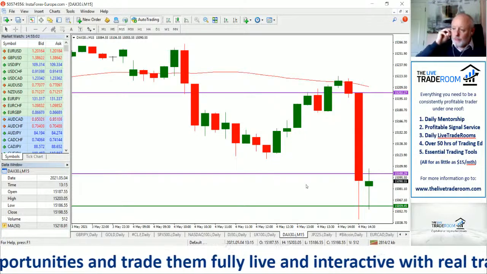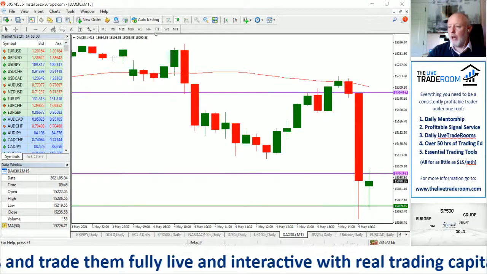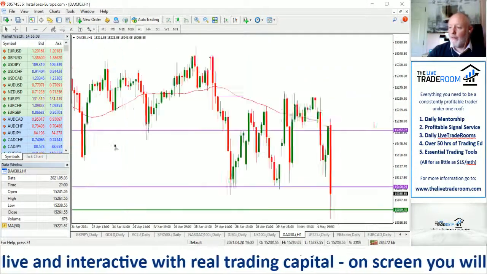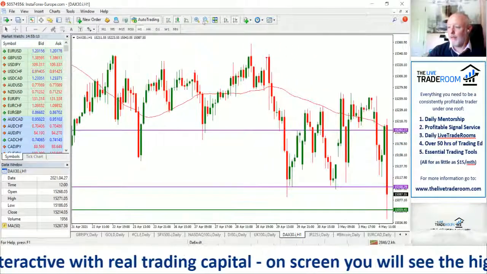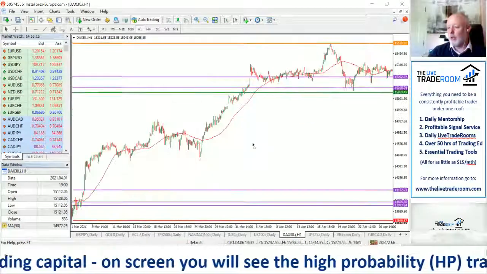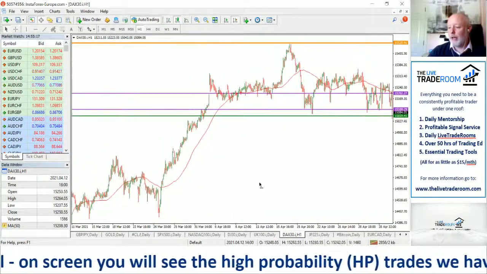However, some of these markets are showing really good opportunities to the downside. Now, our overall bias is still to the upside, but look, there's a nice little handle to the downside for these markets.